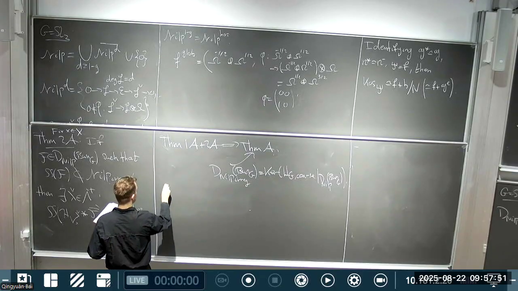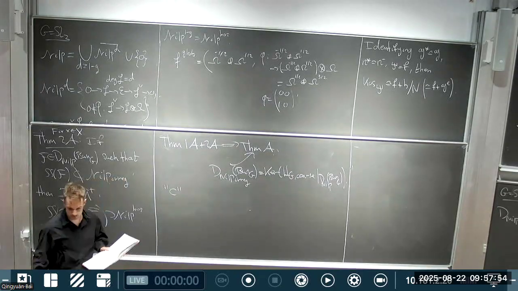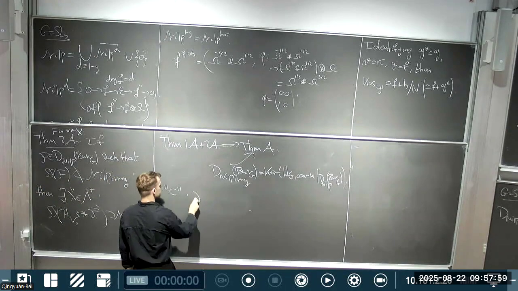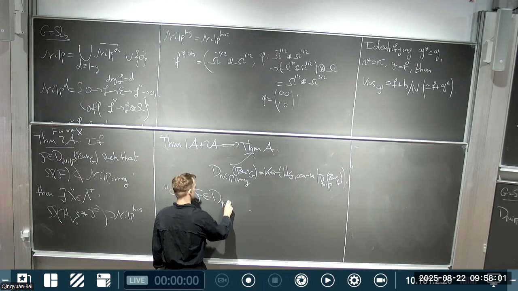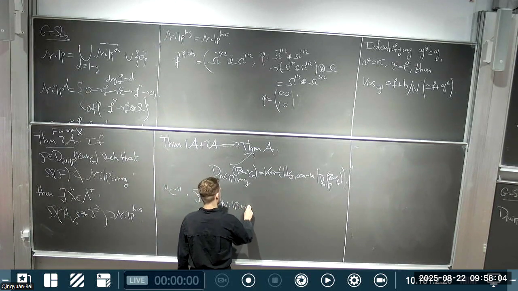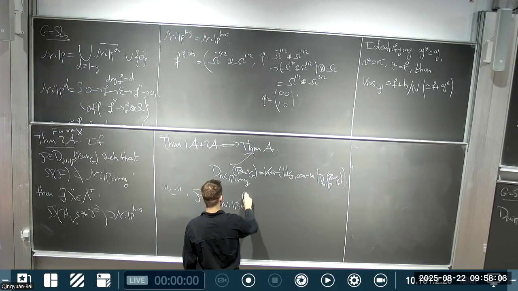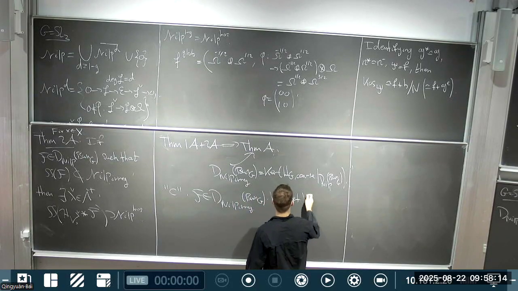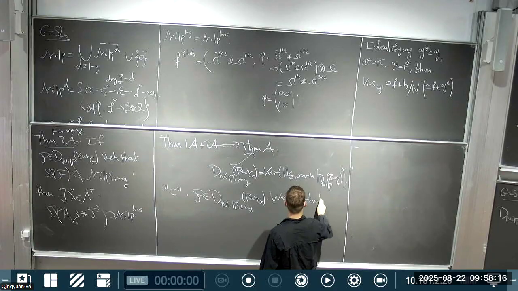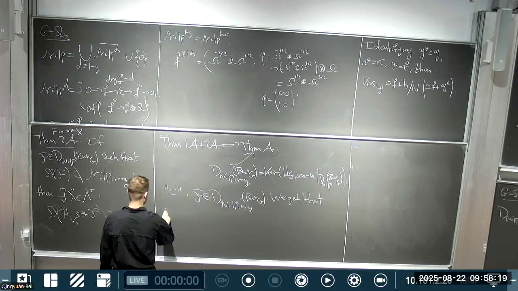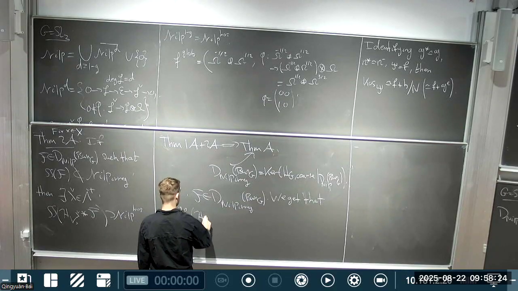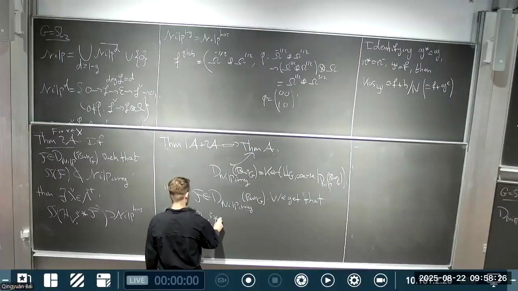Let's prove this conclusion. So if you're given some D module F with irregular nilpotent singular support, we get that applying course to any Hecke functor acted on F is 0.